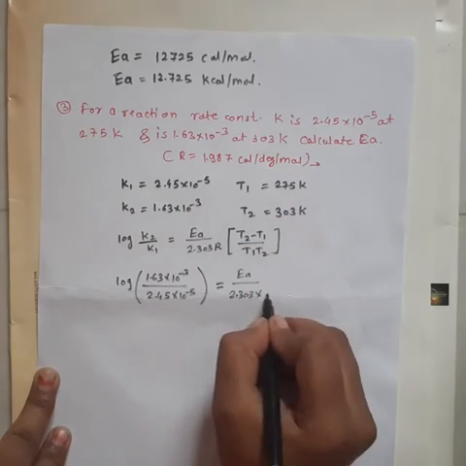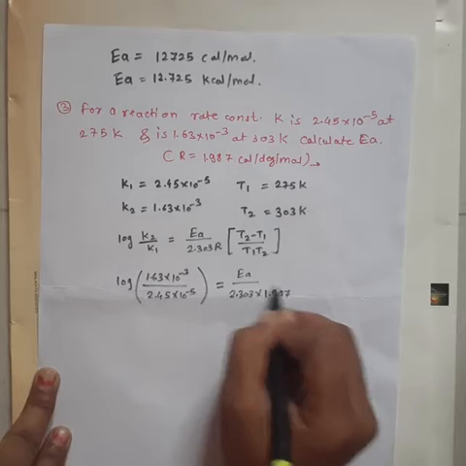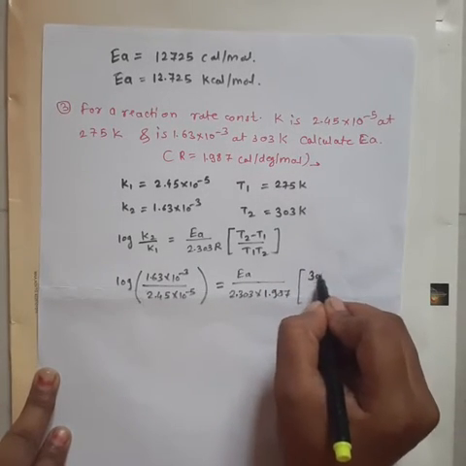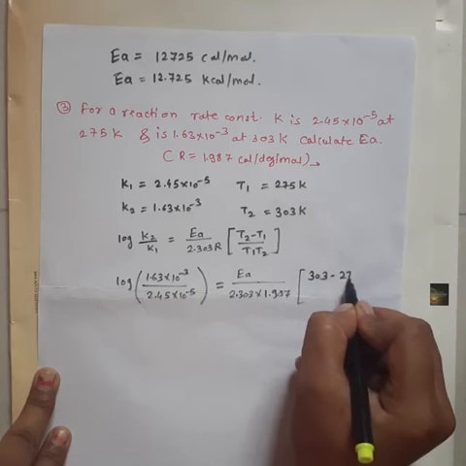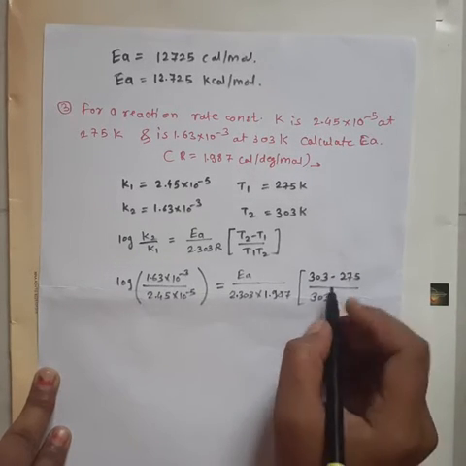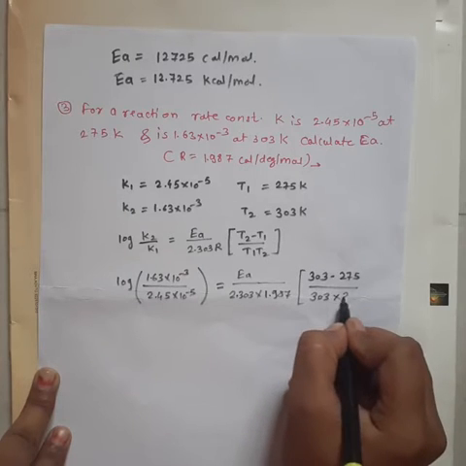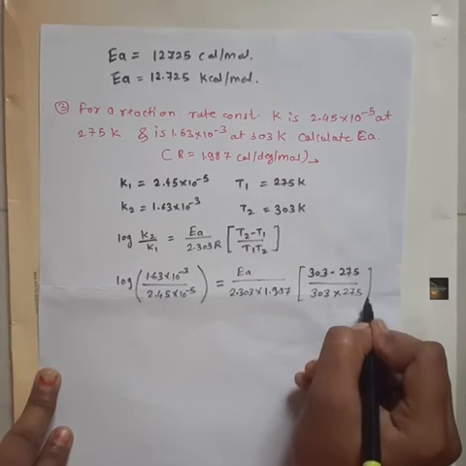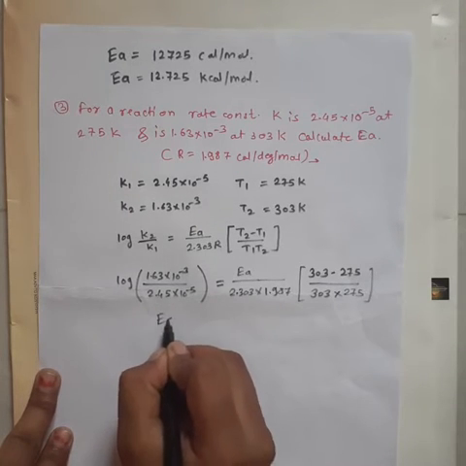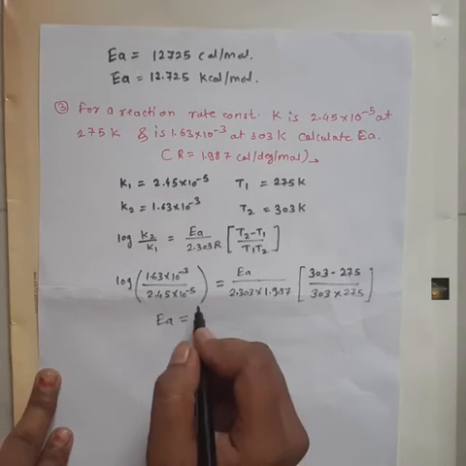It is given, 1.987, into T2, which is 303, minus T1, which is 275, divided by T1 into T2, that is 275 into 303.